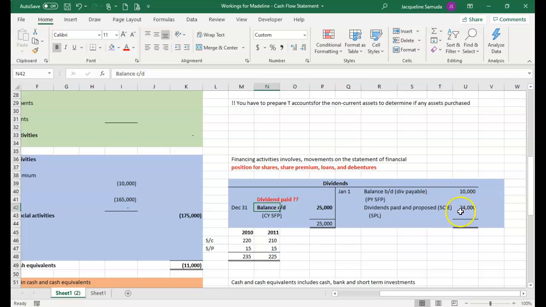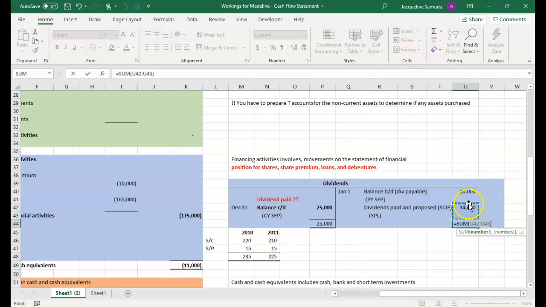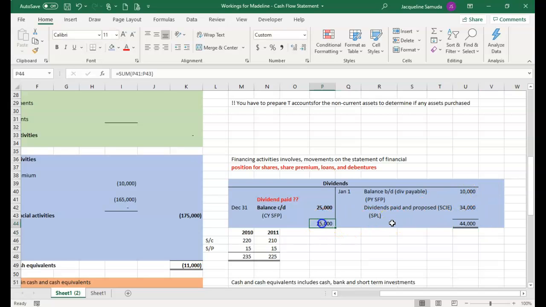So the total on the debit side is 44,000. So the total on the credit side must also be 44,000. So the missing figure here that would make that side 44,000 is 19,000.